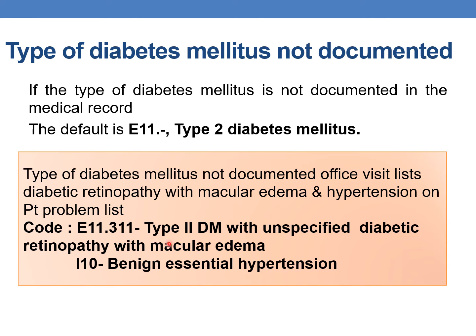So E11.311, which is type 2 diabetes mellitus with unspecified diabetic retinopathy with macular edema. And additionally, there is hypertension on the patient's problem list, hence I10, benign essential hypertension.